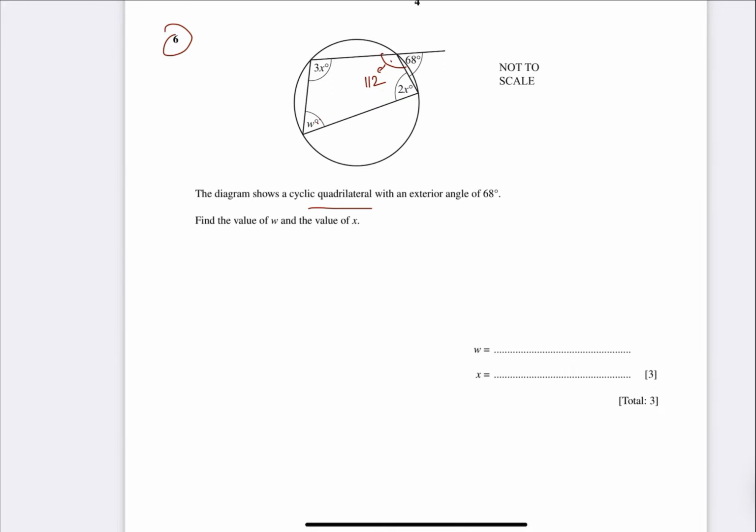Now the sum of these two is 180, so W would be 68, that is 180 minus 112. We have all the angles. We have to calculate the value of x now. If it is a quadrilateral, the sum of all angles would be 360. So 3x plus 112 plus 2x plus W, which is 68, equals 360.